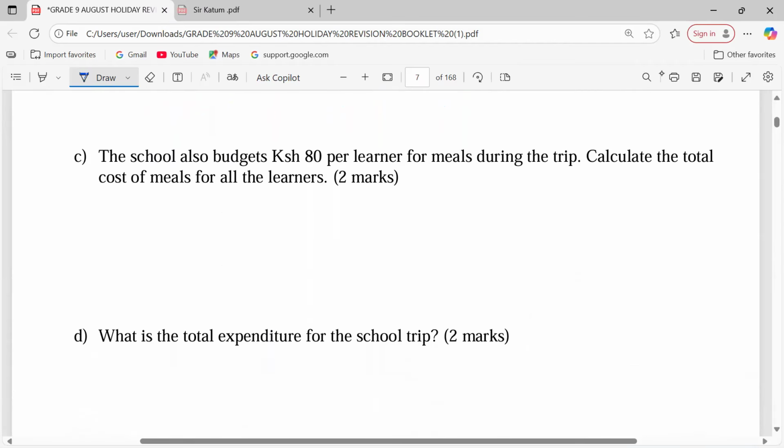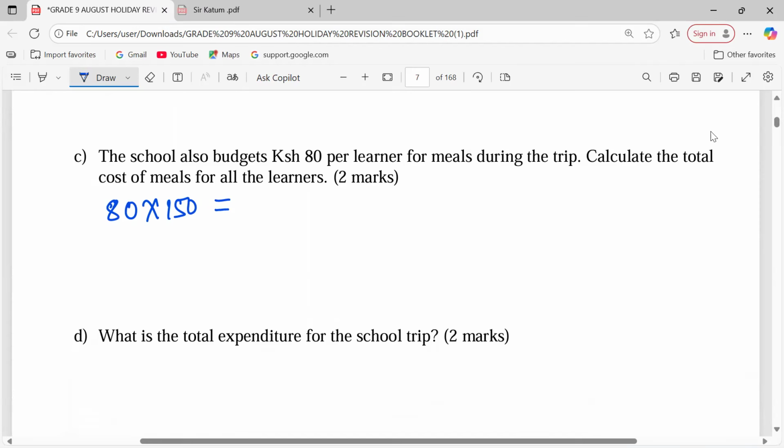Look at part C of this question. The school also budgets 80 per learner for meals during the trip. Calculate the total cost of meals for all the learners. So 80 per learner for meals. This one we multiply by 150 learners.